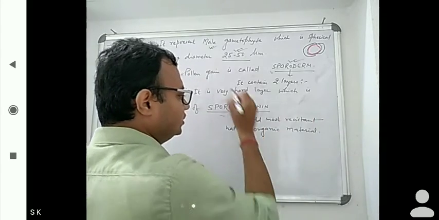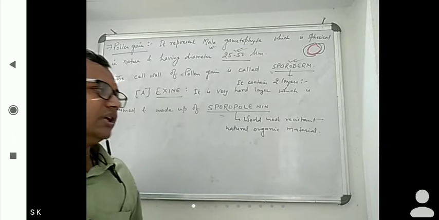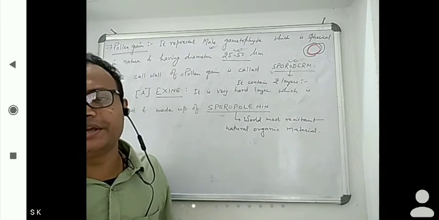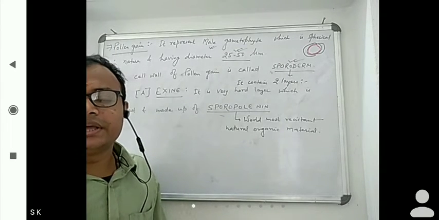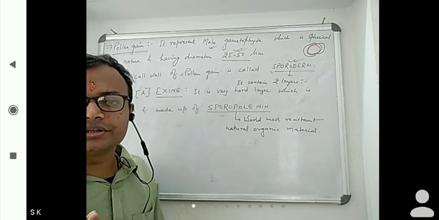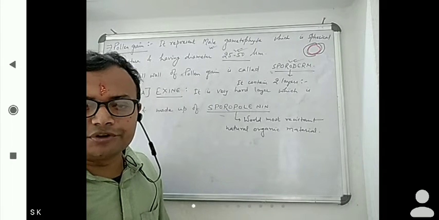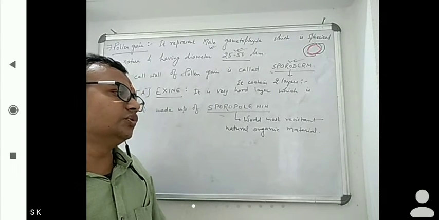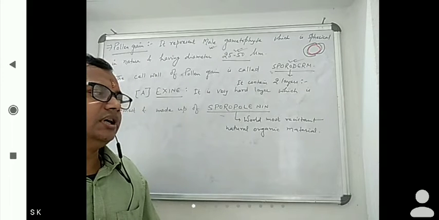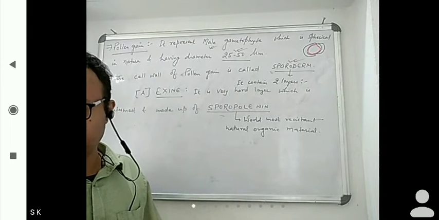This sporopollenin cannot be destroyed by any enzymes, any type of temperature, or any type of humidity, and that's why it is known as the world's most resistant natural organic material.